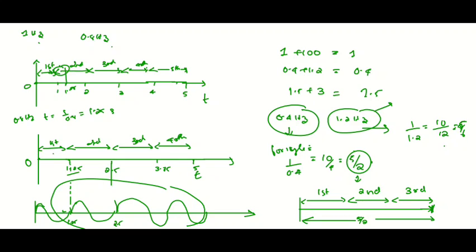Because it is 1/3. For the 0.4 Hertz signal to complete one cycle, it requires 5/2 seconds, while the 1.2 Hertz signal requires only 5/6 seconds. So 3 cycles of the 1.2 Hertz signal will be covered in one cycle of the 0.4 Hertz signal.